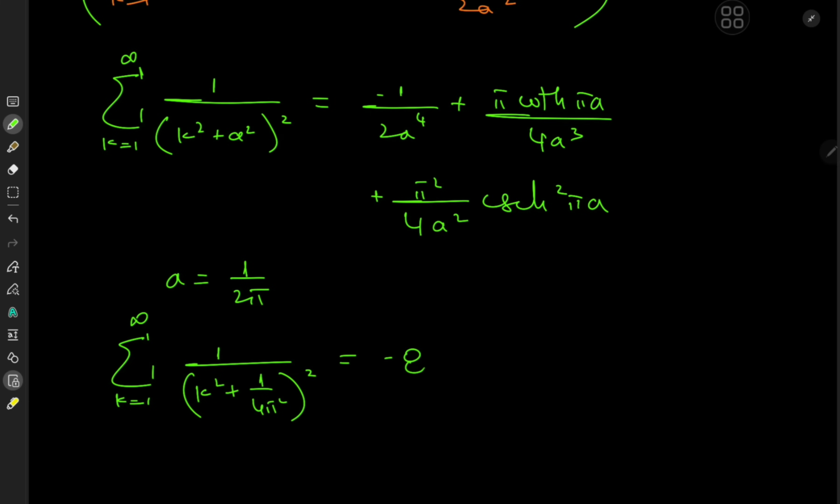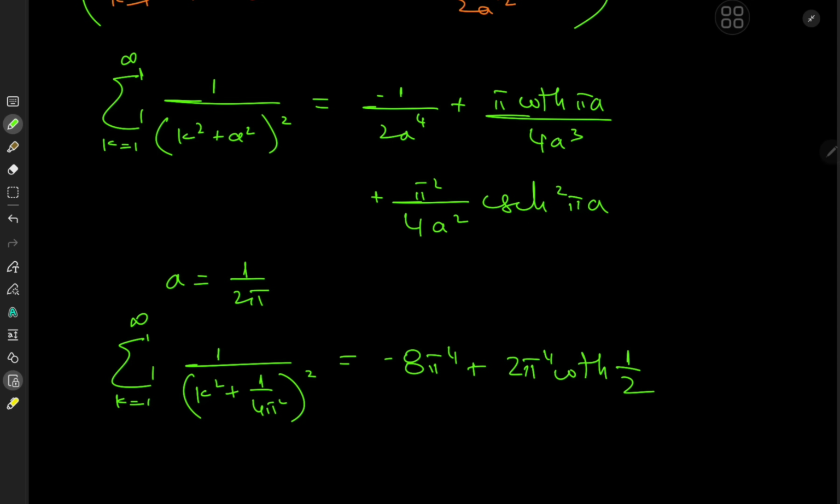This should be negative 8 pi to the 4th power. We should then have, okay, it's something similar over there, 2 pi to the 4th power, hyperbolic cotangent of 1/2 plus, okay, pi squared now.